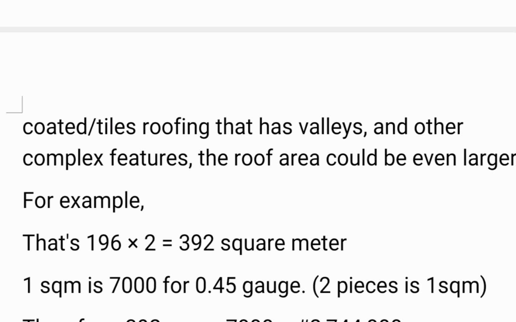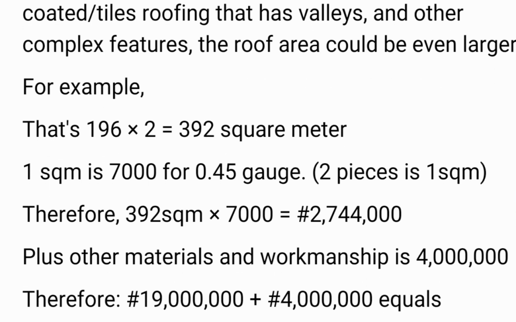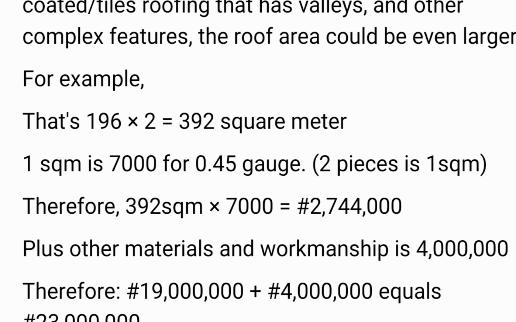For example, the measurement of the floor area is 196, multiplied by 2 or even more, or 2.5, and here I worked with 2, and that will give you 392 square meters. I'm using this as an example. So 1 square meter is of 0.45 gauge. When it comes to roofing sheets, they have different gauges.